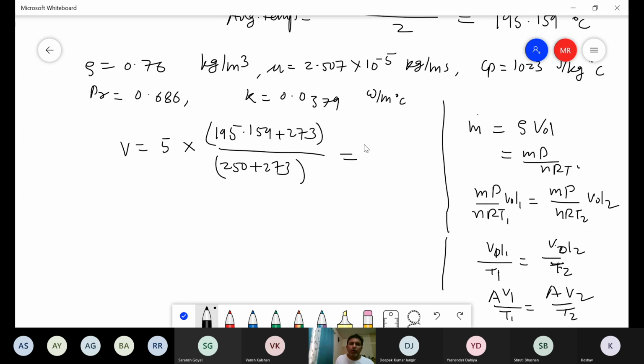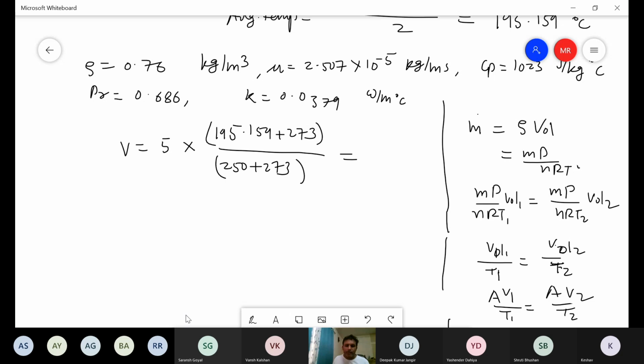From this we can find out the new velocity, which comes out to be 5 into 195.159 plus 273, which is 468, divided by 250 plus 273, into 5.